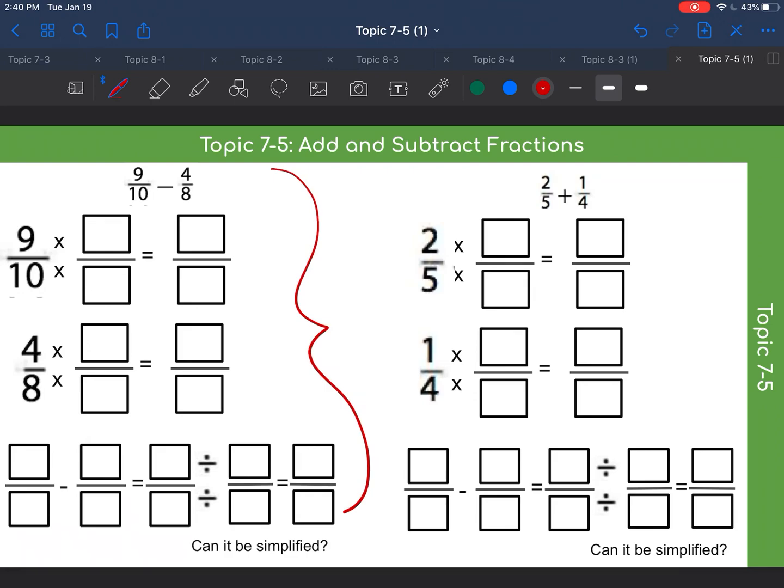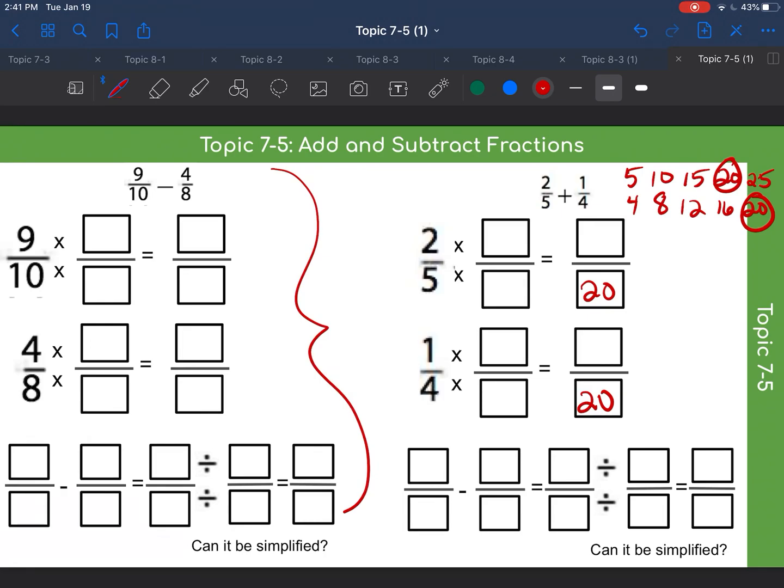So what we can do is list the first 5 multiples of 5, and the first 5 multiples of 4, and we can see it is 20.